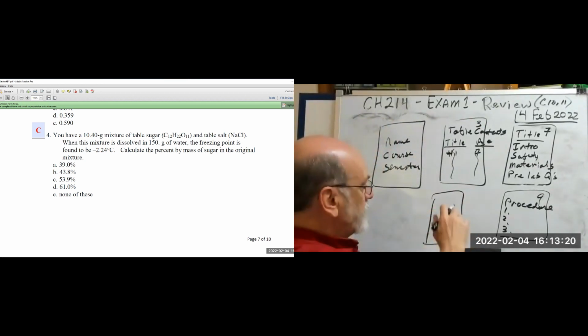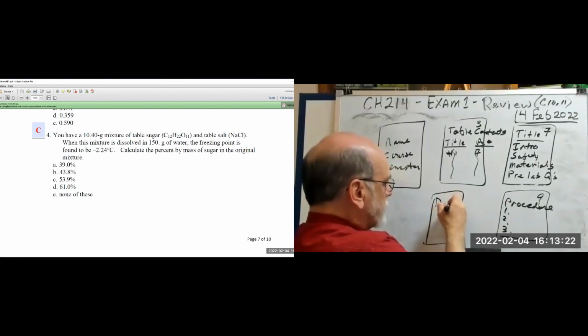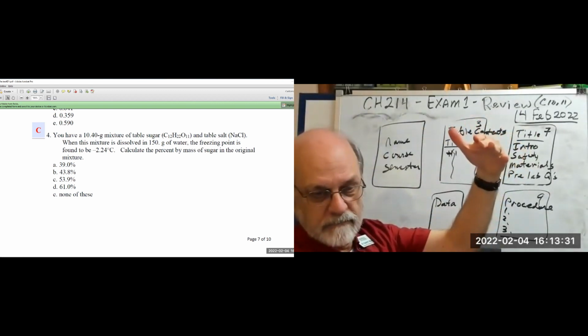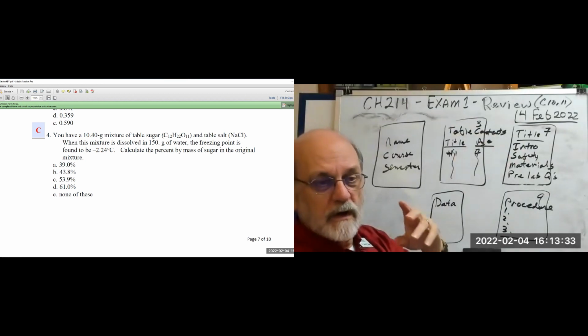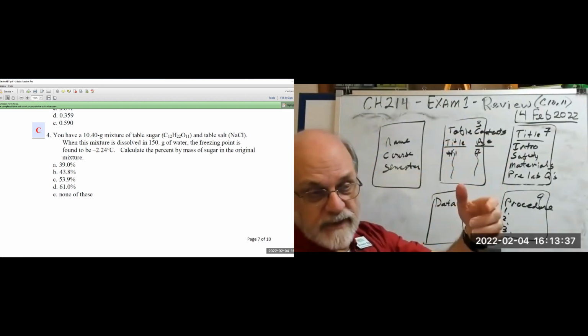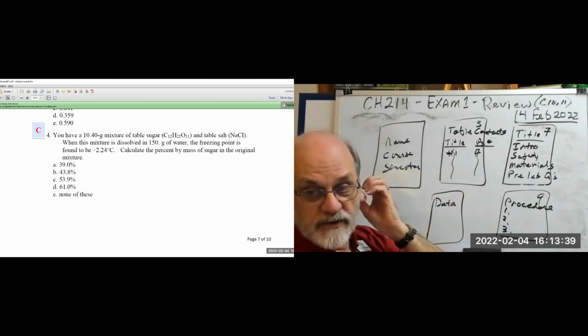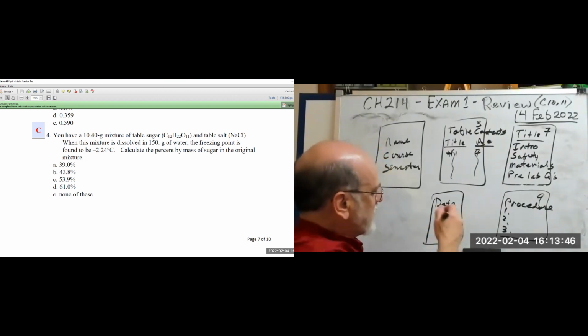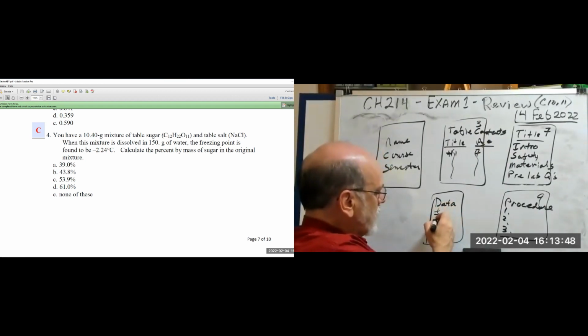After the procedure, you need a place for your data. Right? If the data is just a list, then you set aside a space for it. If you know from the method that you're going to be, say, for this one, taking temperature measurements every 30 seconds, whatever the case may be, then you might write time here, and you do 0, 30, 60.